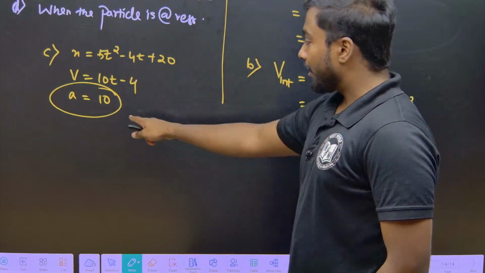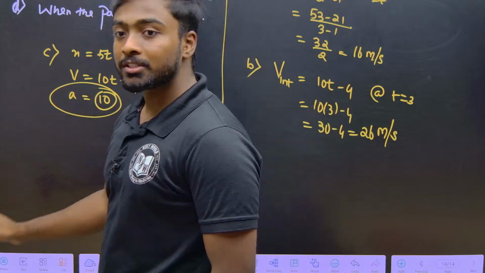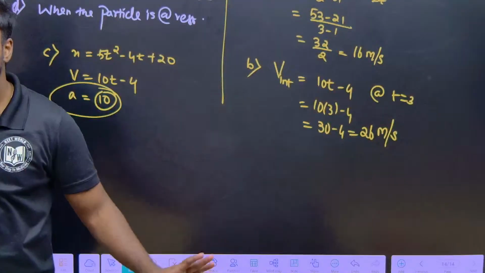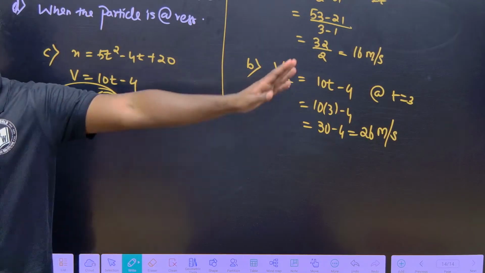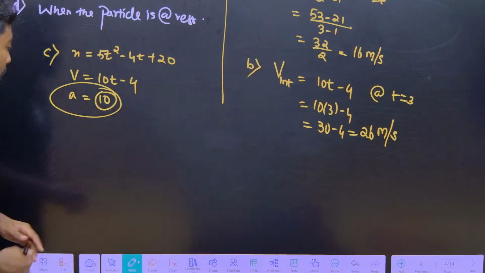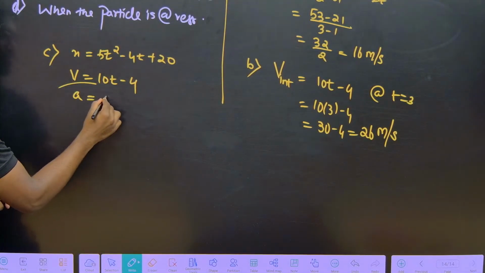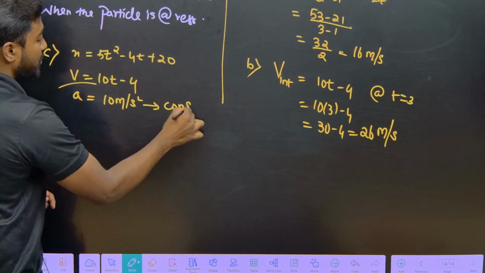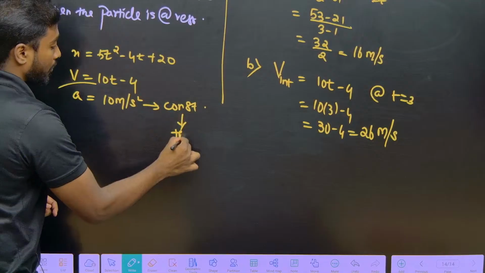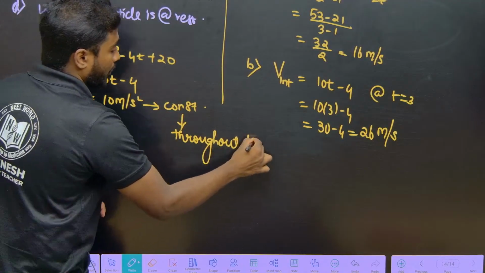Only a constant is there, 10, so it is a constant acceleration. It is not changing with time. So a equals 10 meter per second squared, which is constant throughout the motion.